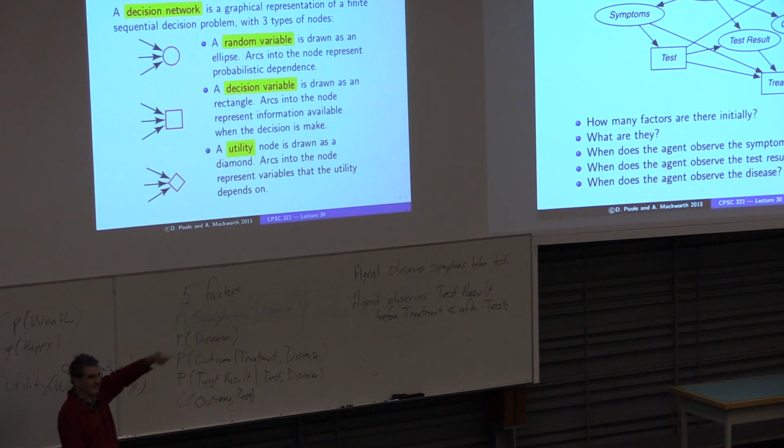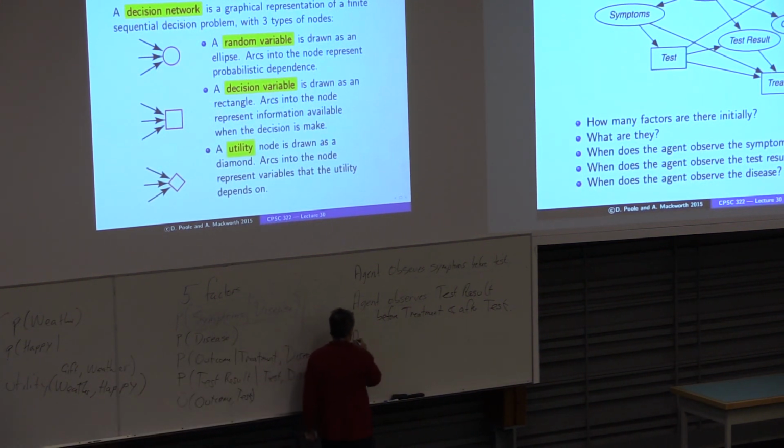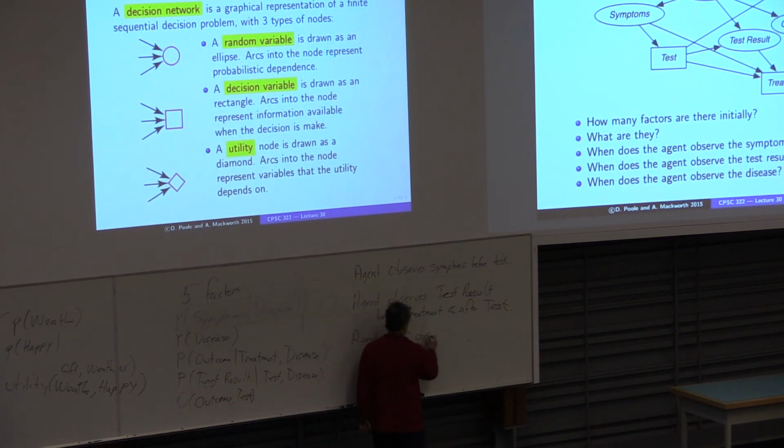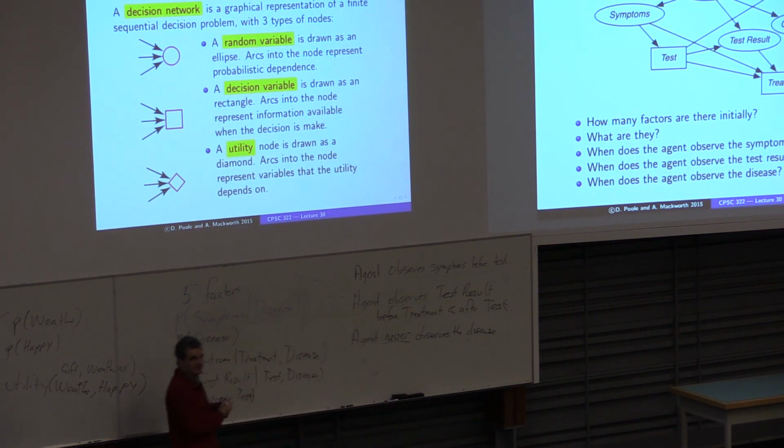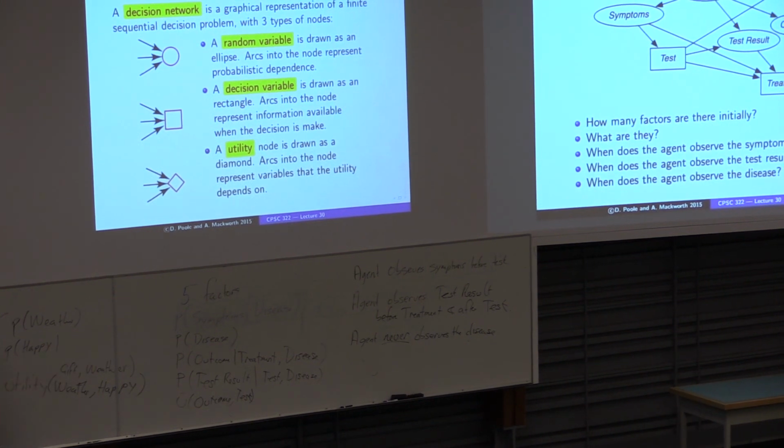It doesn't, right? The agent never observes the disease. Which is pretty typical in these things. The only things it gets to observe are the symptoms and the test results, and then it has to make a decision about what to do according to this model. Does that make sense, what all these funny arcs mean? This is the information that's available to the agent, so it doesn't get to observe the disease.